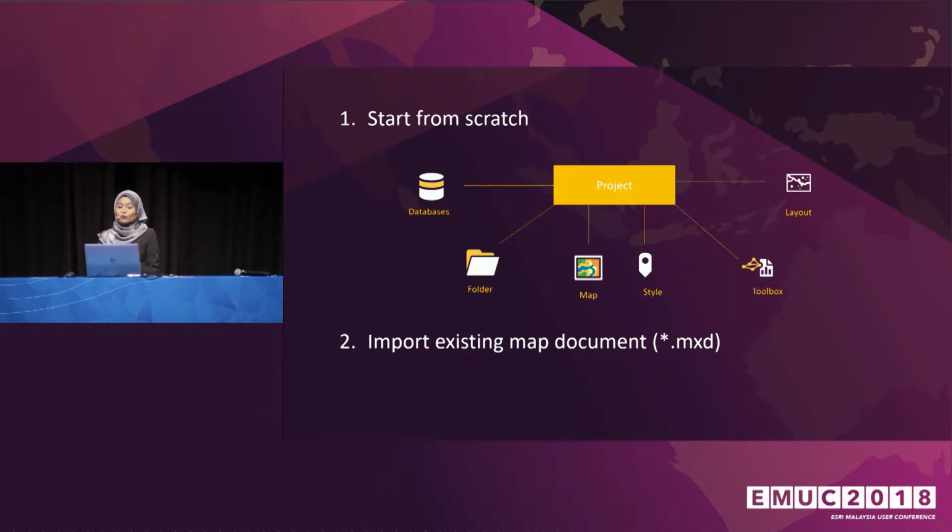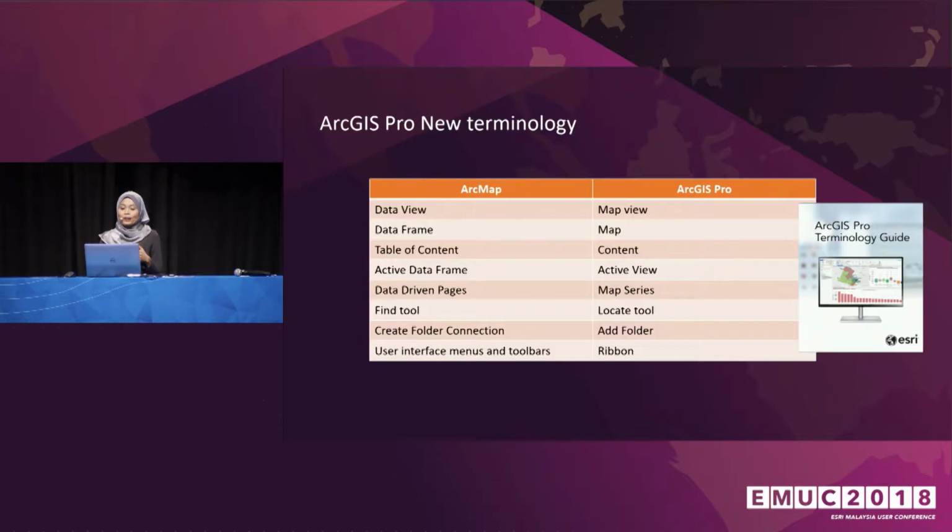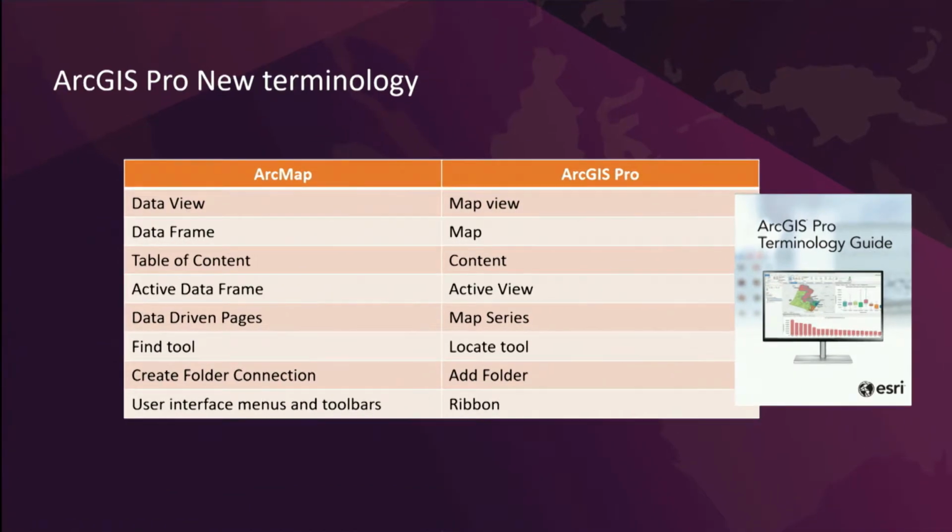The second option is to import the existing MXD documents that you have in your organization to ArcGIS Pro. Most of the functionality that you have seen in ArcMap is also available in ArcGIS Pro. The challenge is to find the similar commands and to follow the similar workflow in the redesigned application.